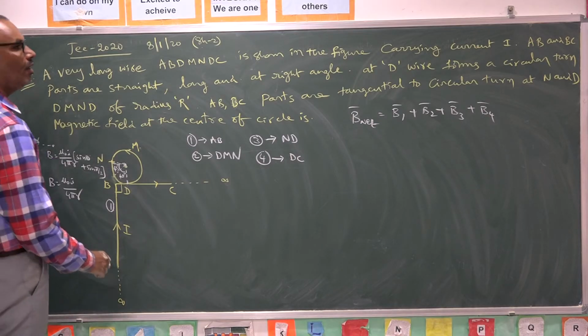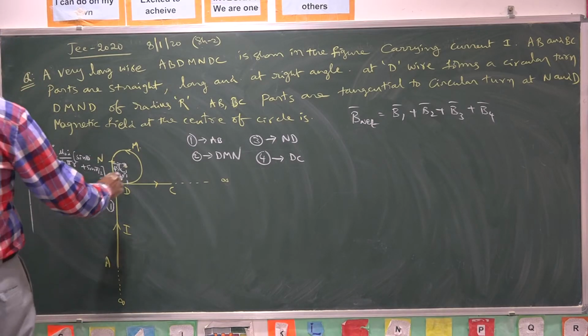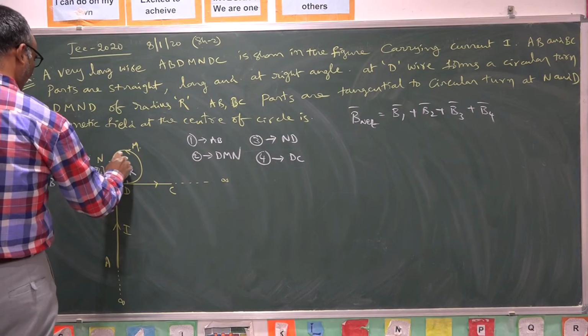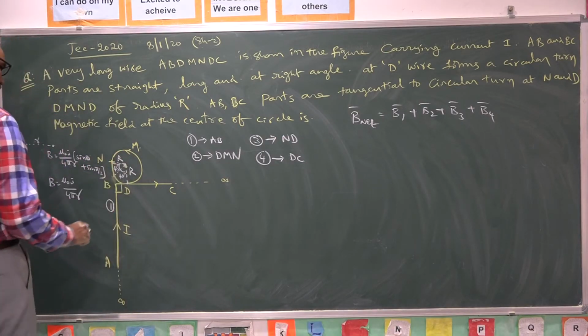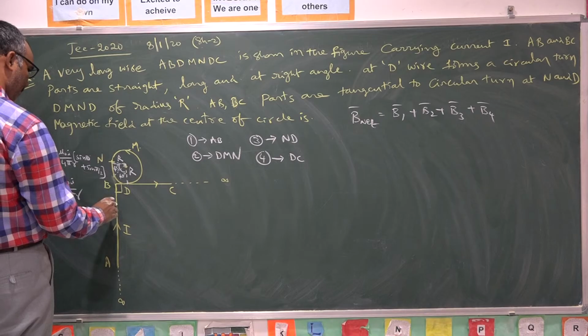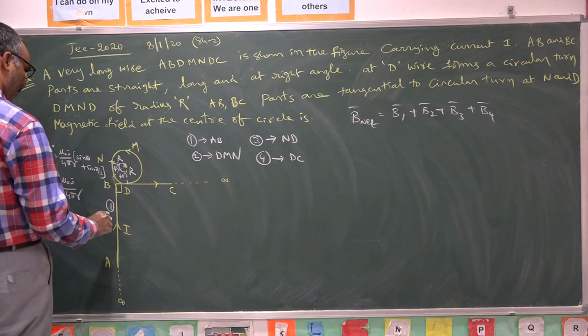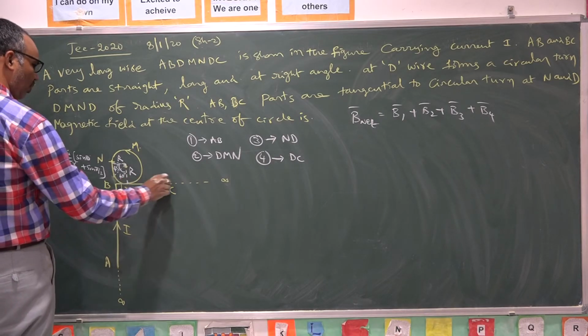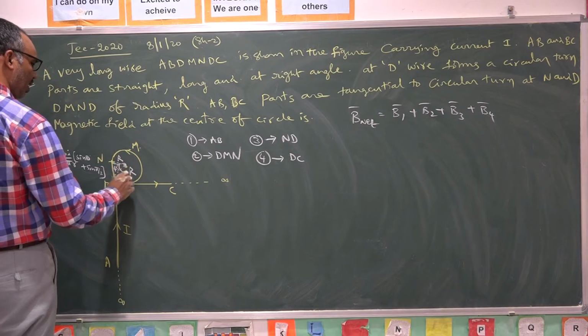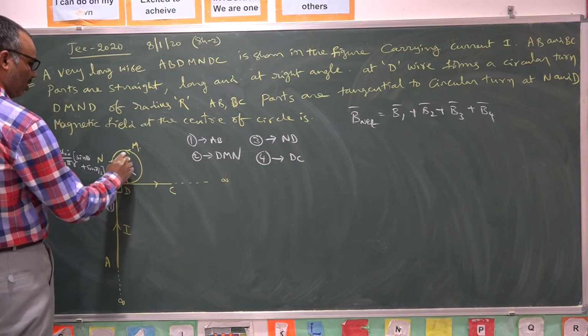If r is the radius of the circle, this point is located about the edge of the conductor.